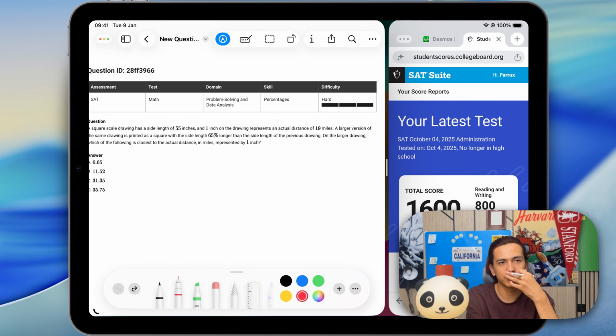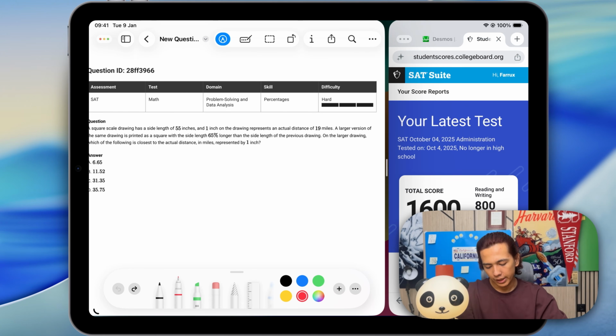In the new question bank, we had around 50 questions just for geometry, while the others have far fewer. So we're going to walk through the problem solving and data analysis domain of the math section of the new question bank in August 2026.